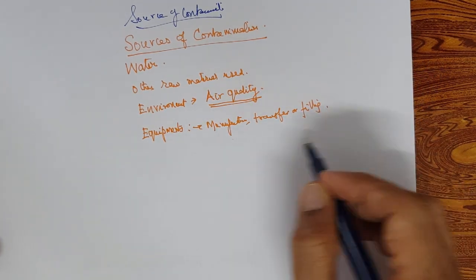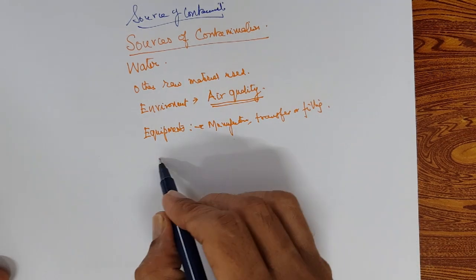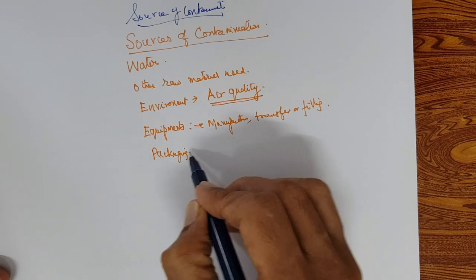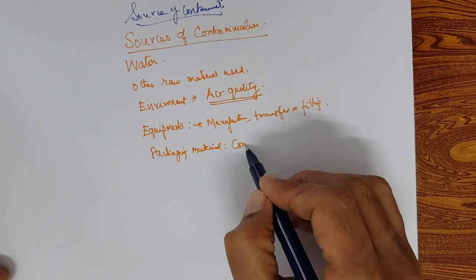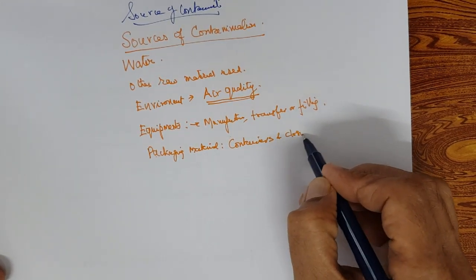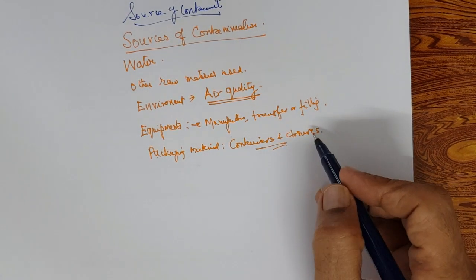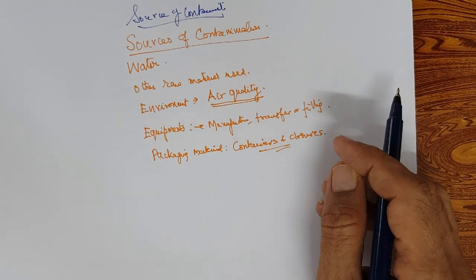equipments and the production process, right? Then packaging materials. Containers and closures. See, you can take samples of these containers and closures, and you can do a plate count of that, whether they are contaminated, heavily contaminated.